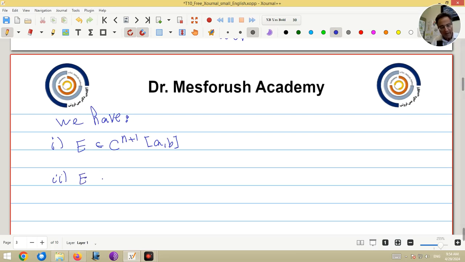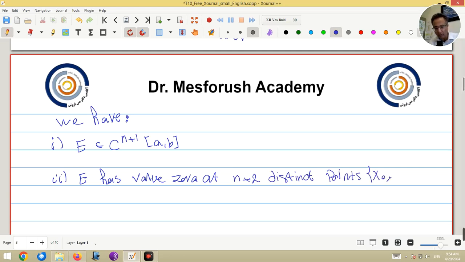Now the second one: e has value 0 at n+2 distinct points, say x0 to xn and x. From x0 to xn there are n+1 points, and also x.